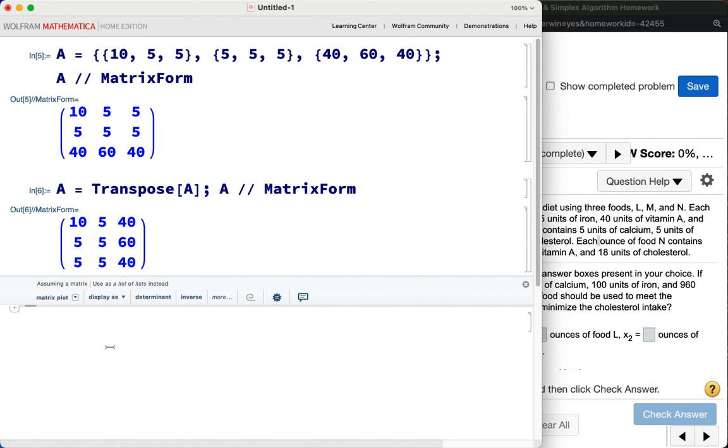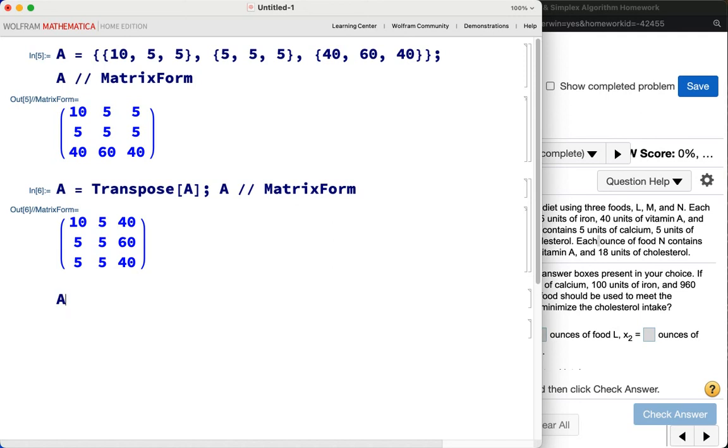Okay. So next, I need to augment matrix A with a 3 by 3 identity matrix. So A is equal to join A and identity matrix 3, and don't forget the number 2 because I'm dealing with matrices rather than linear lists.